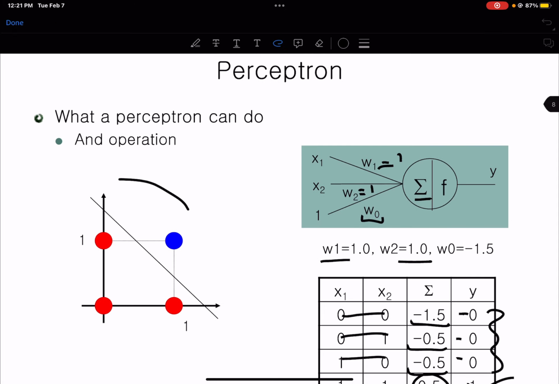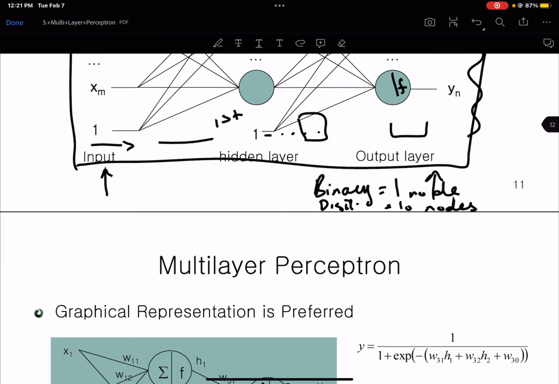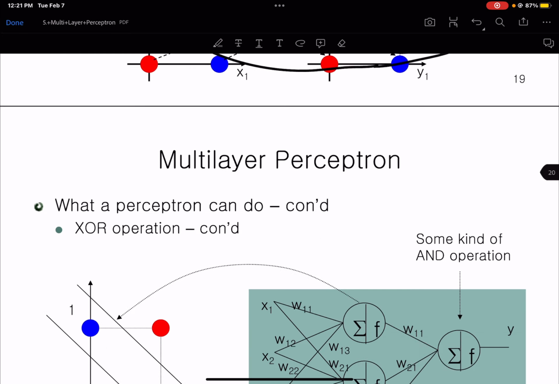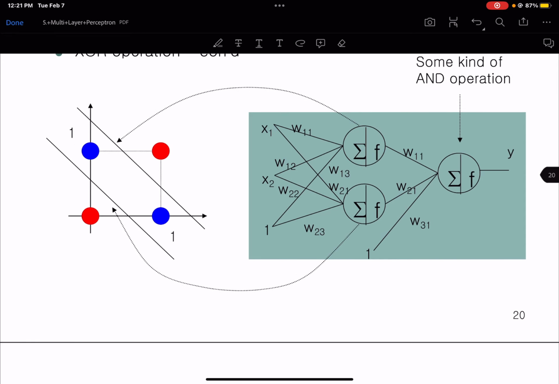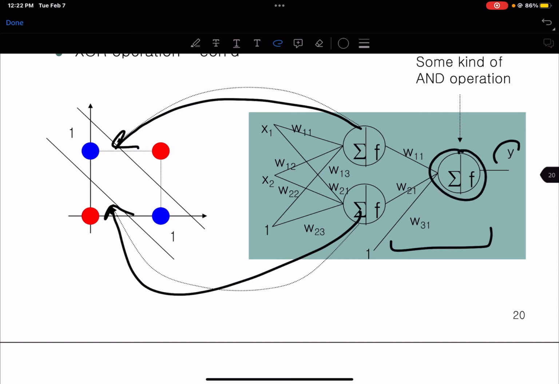So exactly what we have done here in the XOR operation, a combination of AND and OR we have used. So this one will perform one function, this one will perform another function for the input, and then a combination of them will be applied on this function to get us the required output.